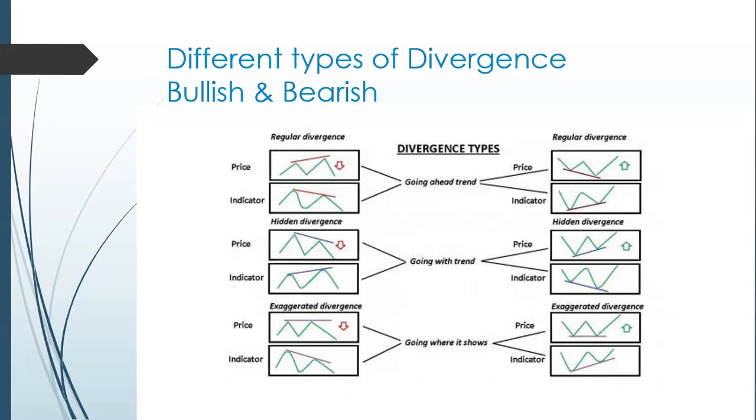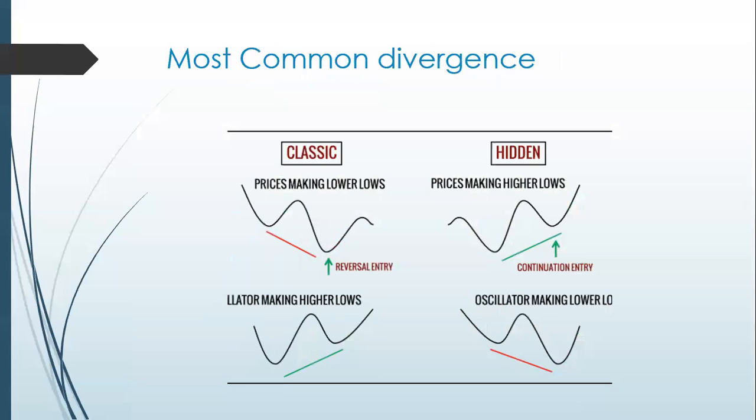All of them are actually the same thing: price is going in one direction and the momentum oscillator is either going the opposite direction or it's not breaking its previous high.